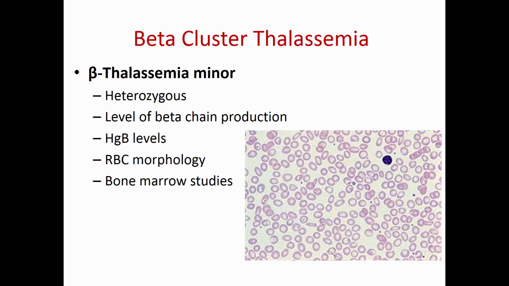Let me explain to you why you see target cells. Does anybody know why you see target cells in thalassemia? What was the basic idea behind target cells? If you want to describe it in one sentence, where are they coming from? When you have low volume and a high surface area, right?